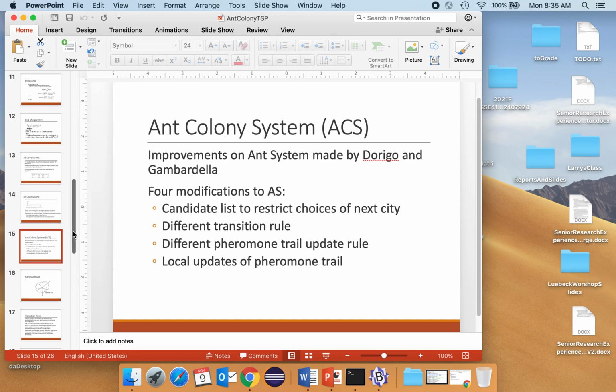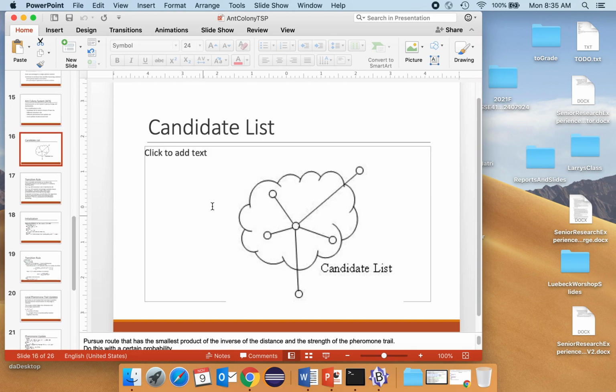We'll just take all the best stuff, really. So here's the idea of a candidate list. This is my image. We have a city, and we're going to look at its nearest neighbors, and we're going to look at a few of them. So we don't look at all of them. This improves efficiency primarily.